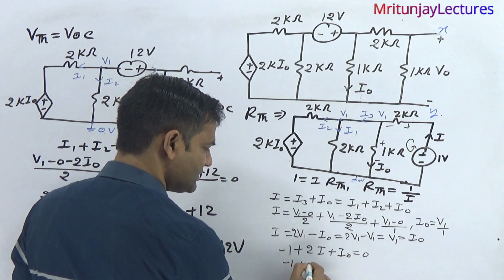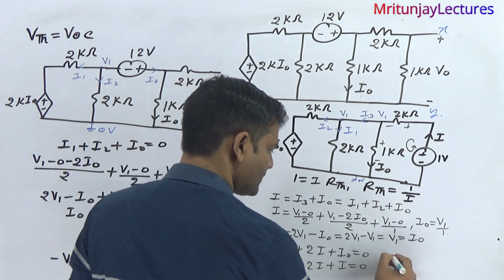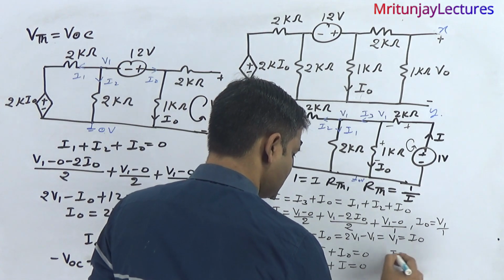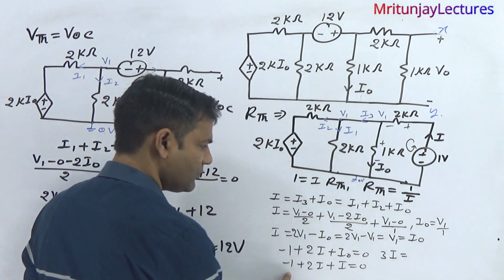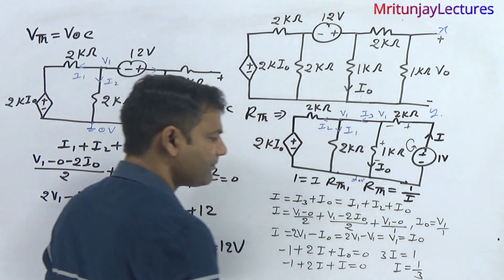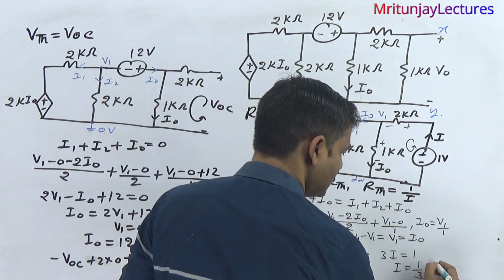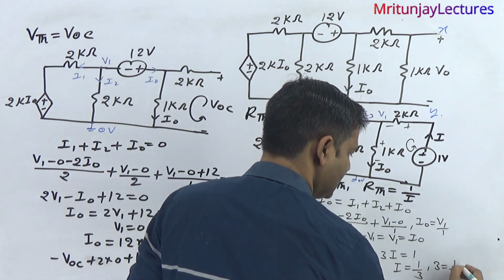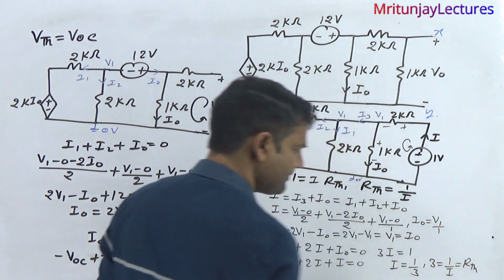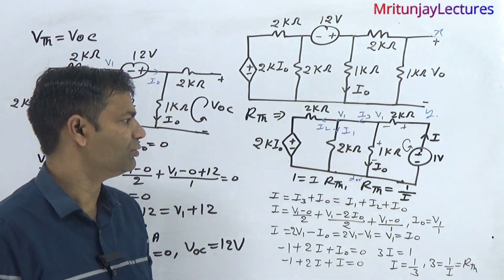So minus 1 plus 2I plus I equals 0. So 3I equals 1, so I equals 1 by 3. It means 3 equals 1 by I, and this is RTH. Clear or not? So RTH is 3 kilo ohm.